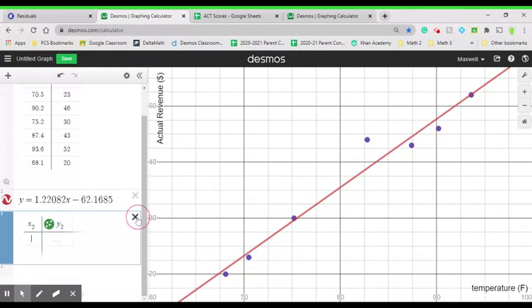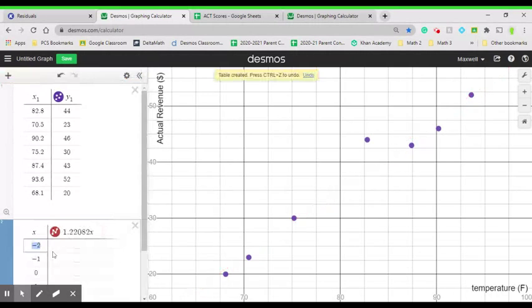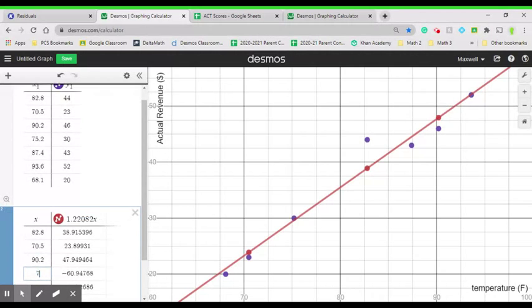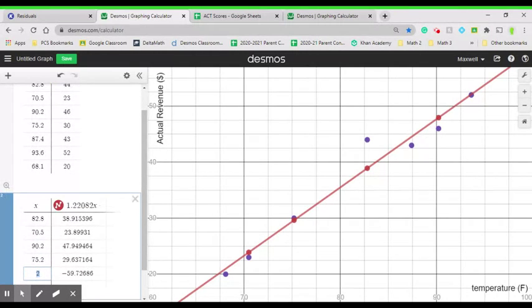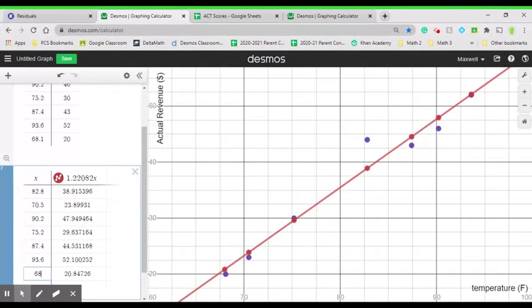Actually, we can scratch that and just hit that icon there and convert this into a table. So we're just going to type in our x values from our original: 70.5 and 90.2, 75.2, and then 87.4, and then 93.6, and then 68.1.